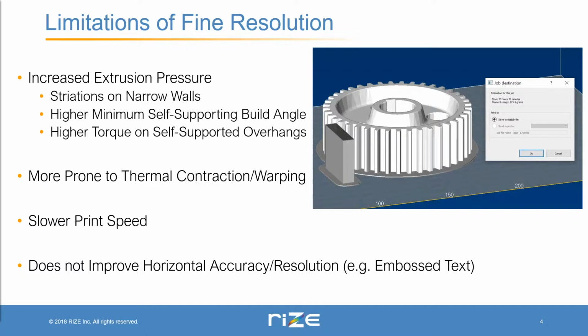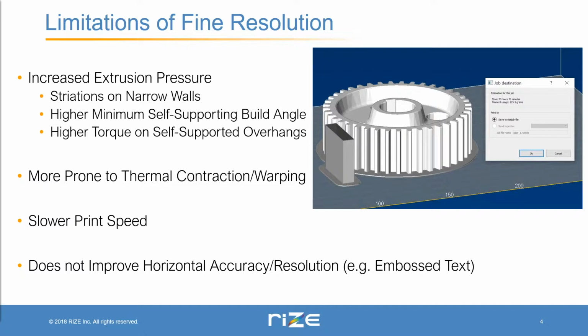And finally, using fine resolution is only going to improve the surfaces mentioned on the previous slide to any noticeable degree. Those are the shallow slopes, the curves, and to a lesser extent, the vertical surfaces. It will not have hardly any effect on horizontal accuracy or resolution.